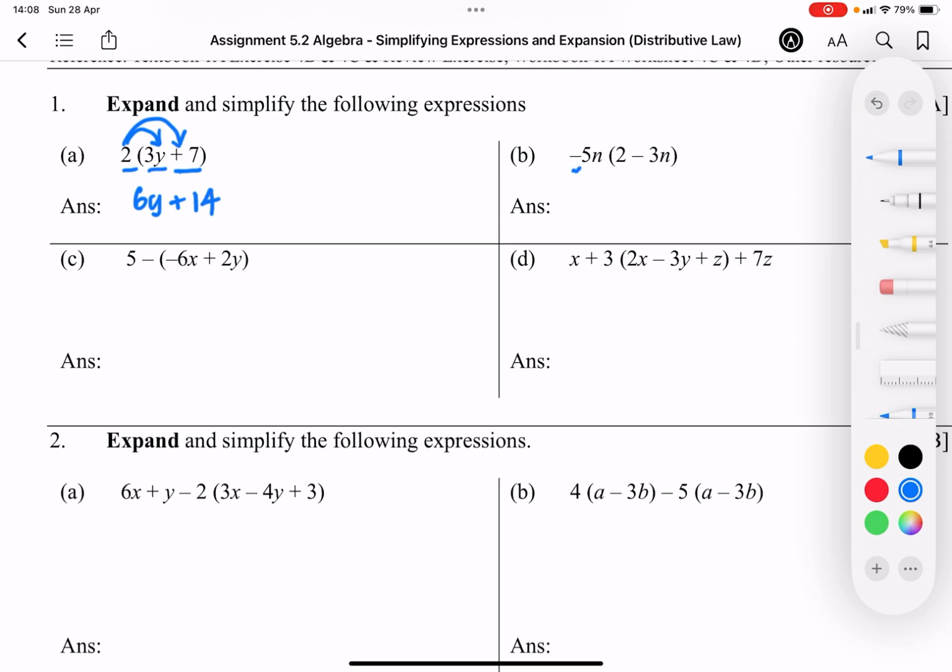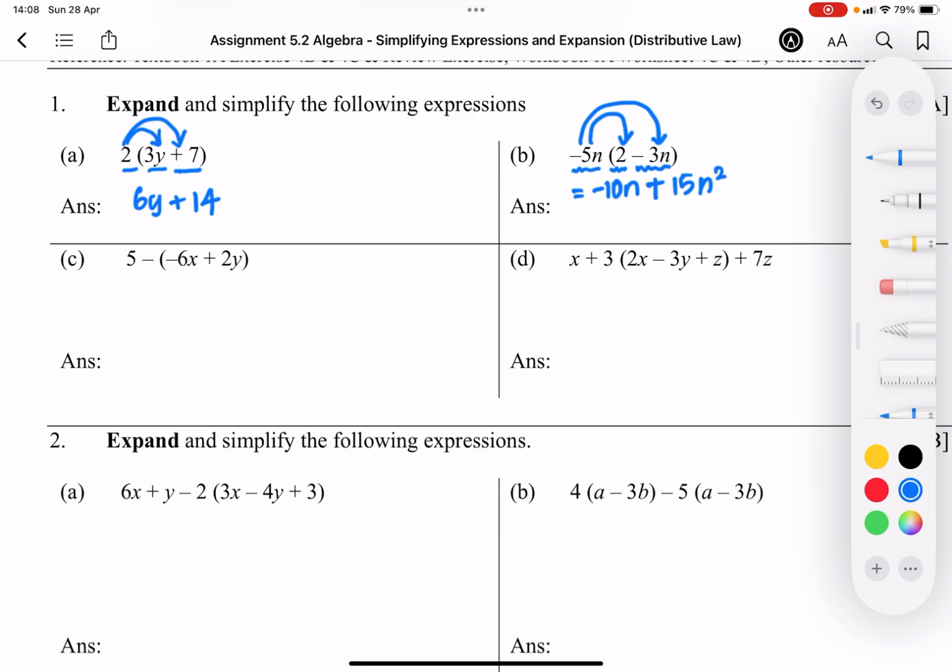Next, this is negative 5n times the two terms in the bracket, that is 2 and negative 3n. So negative 5n times positive 2 will give negative 10n. Negative 5n times negative 3n will give positive 15n squared.